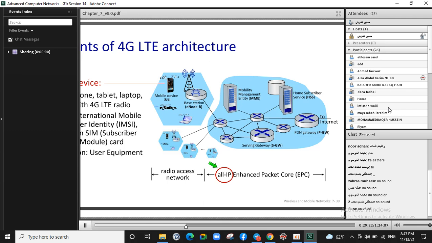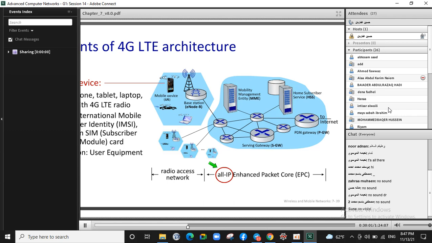The first one was an analog network, and the second one was a digital circuit switching network. But in the third generation, for the first time, we can see there are some IP backbones in cellular networks, but just some parts of the networks use IP technology.